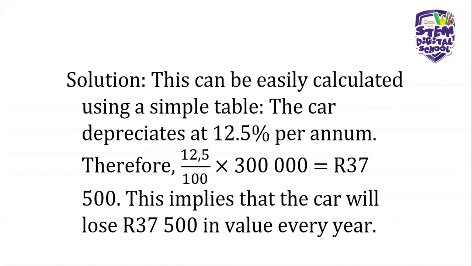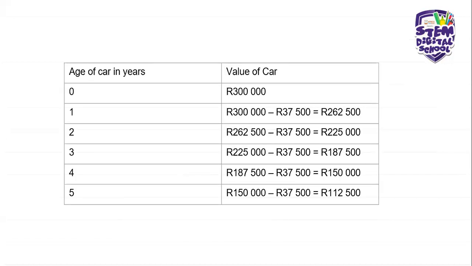Because if you multiply 300,000 by 0.125, you get 37,500. So the value lost every year will be 37,500.